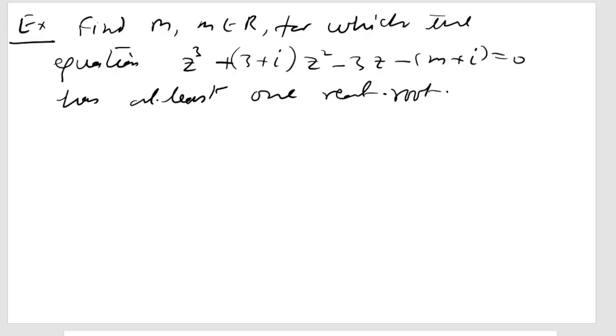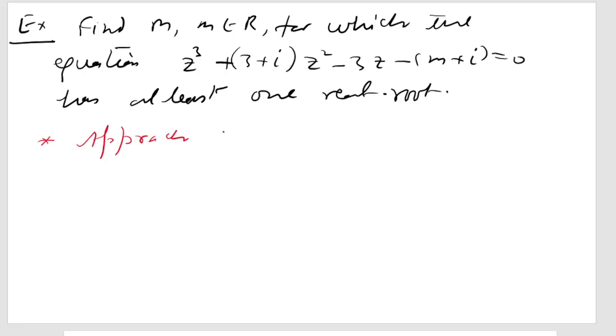Now whenever you solve any equation, the approach is pretty easy. Whatever the given condition is, the approach is simple.